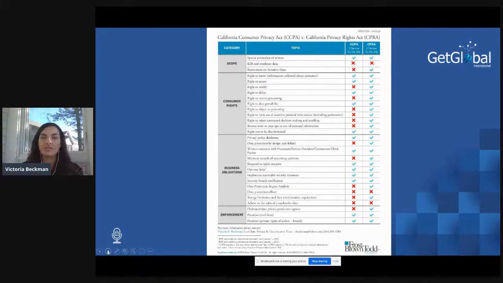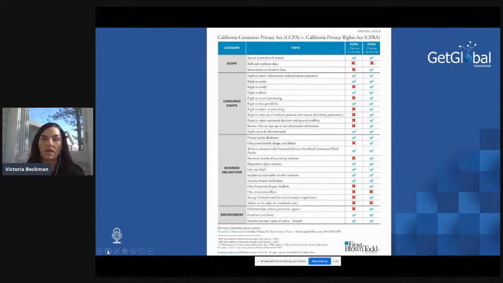Some of the exceptions that we have seen for employee and business-to-business information under CCPA also apply under CPRA and are extended another year as well, and there is a new link that you need to add in your homepage. So this is a broad overview of the differences. The X's are things that obviously you don't have.